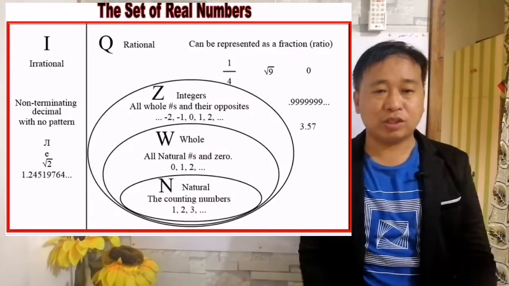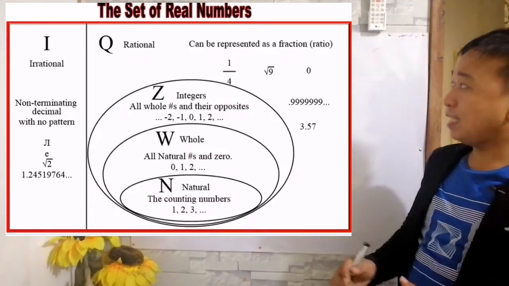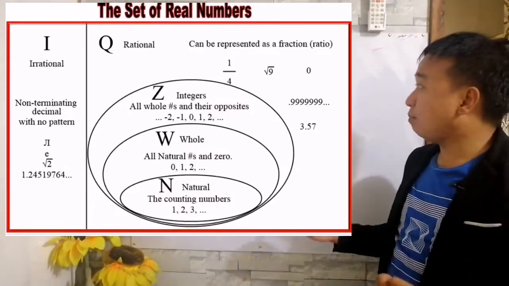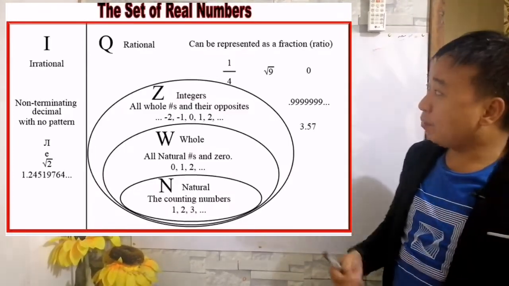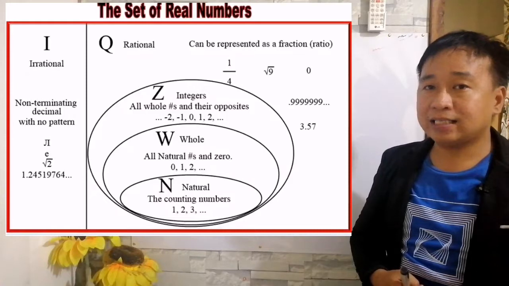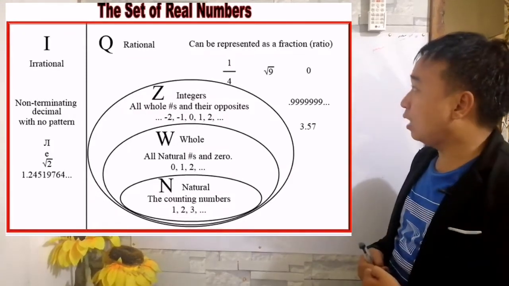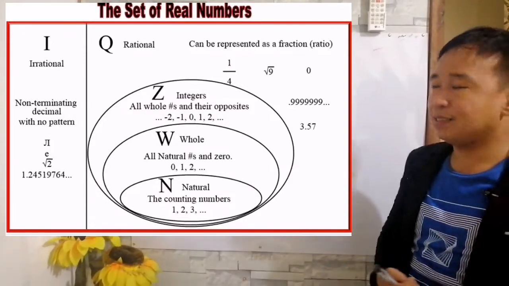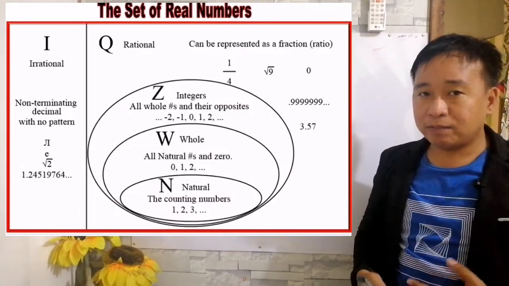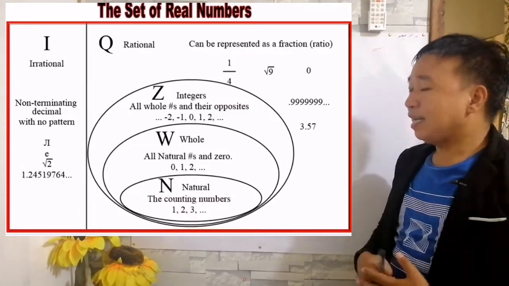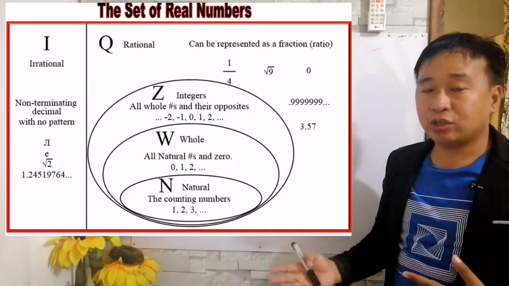When we talk about rational numbers, that is a number that can be written in fraction form. That's why we have Q as the letter that represents rational numbers, which means quotient. Okay, so we are going to start from the bottom. So N. N stands for natural numbers.